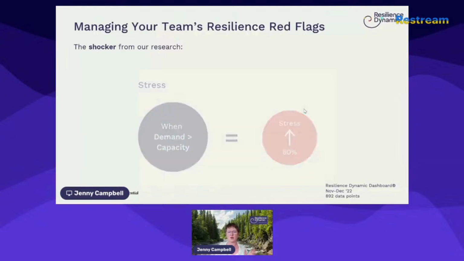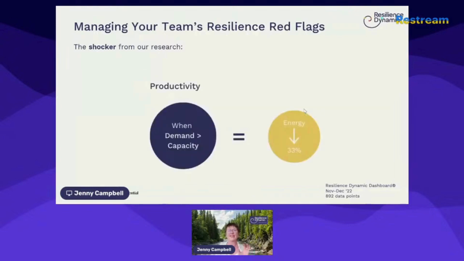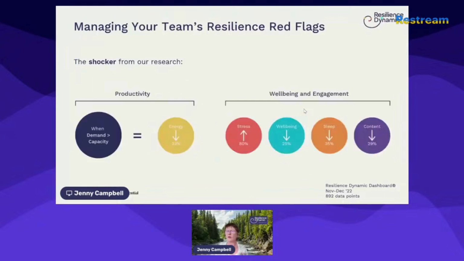We also have a 33% drop in energy. Now that matters for your productivity. Overall, we can see when demand is over capacity, productivity is under threat.